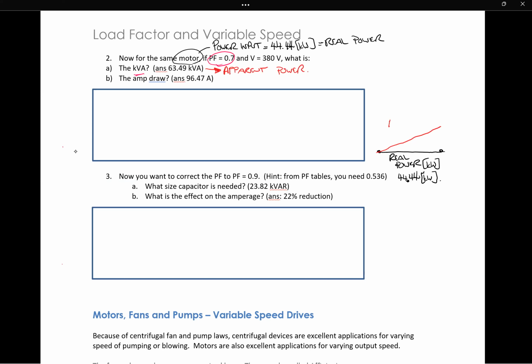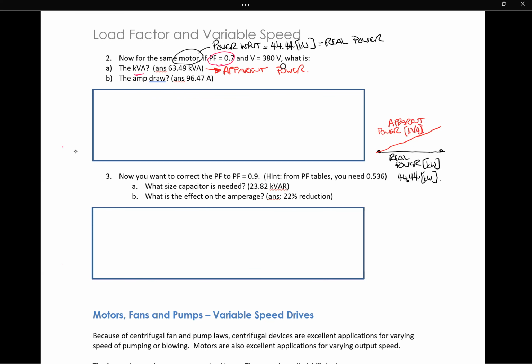Our apparent power would be here. Ideally, if the power factor were 1, this would be a straight line on top of real power, and we wouldn't have to make any reactive power to get up to that apparent power. And this is in kVA.